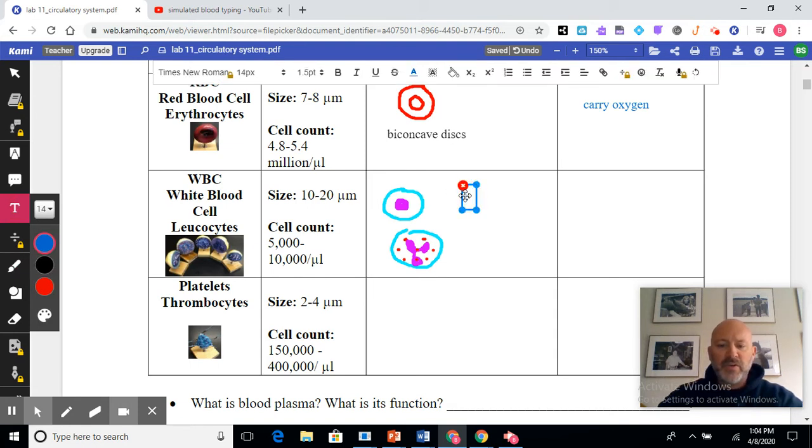Yeah, so we could say we have lymphocytes. Lymphocytes are involved in specific immune responses. So these are B cells that are producing antibodies against specific invaders. And then we have granulocytes.